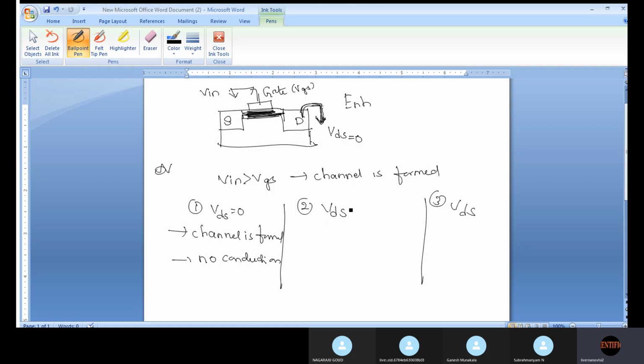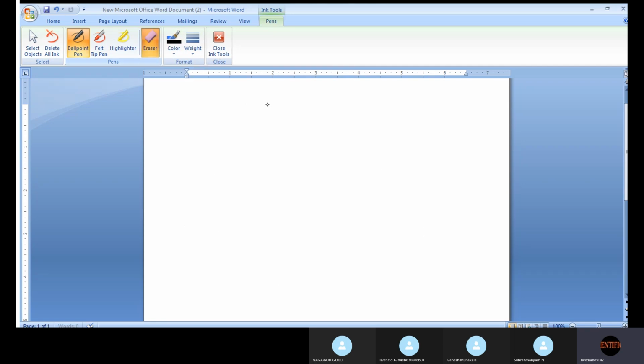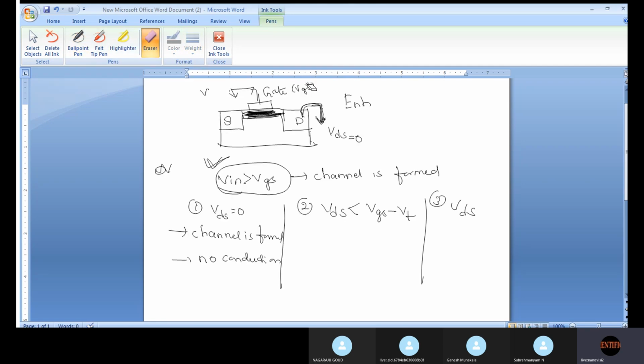In the second condition, which must hold for all conditions, VDS is less than VGS minus VT. Sorry, you have to excuse me for one reason. This is VGS, the input voltage.